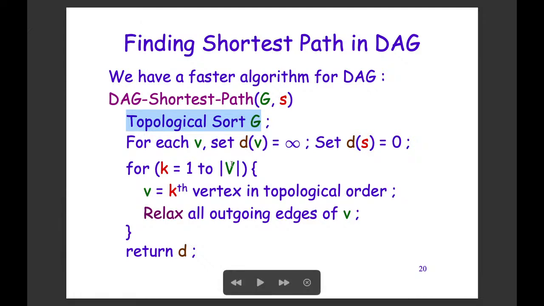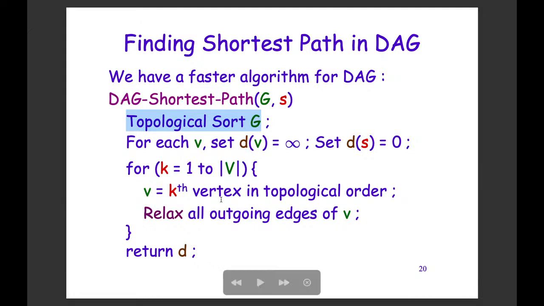And then after that, although it looks like a lot of text, the idea is that we are going to process the vertices one by one, starting from the left. By doing so, we can use a dynamic programming approach to update a vertex and find out the shortest distance of a vertex from the source.